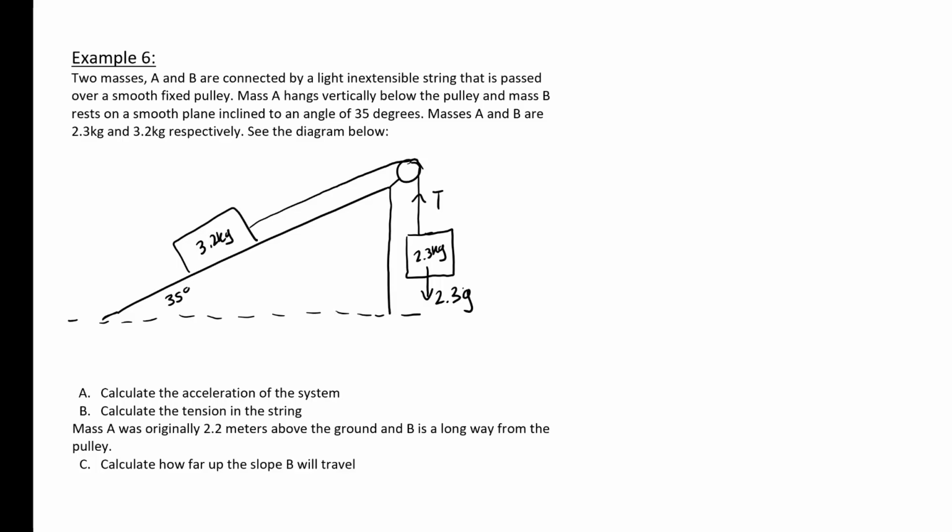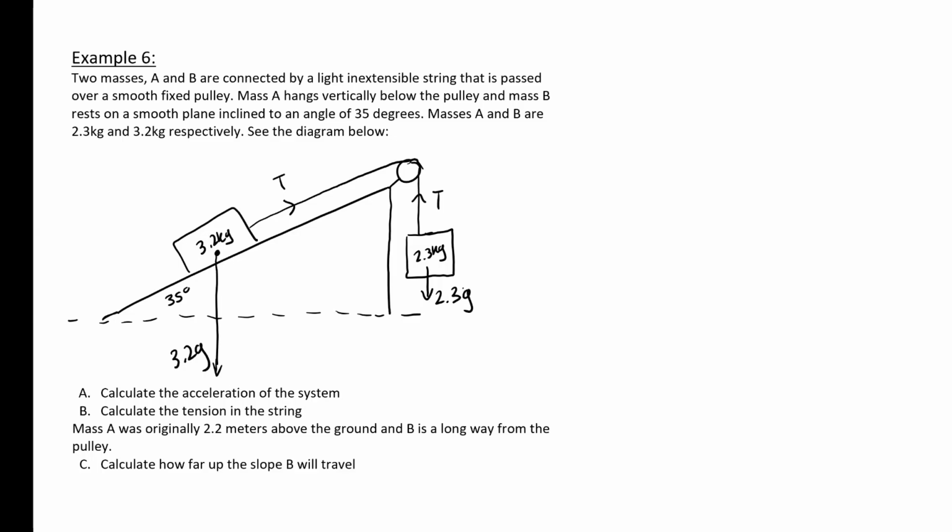Tension always acts away from the object it's connected to. And then we'll put tension onto the 3.2 kilogram mass, and then we'll put its weight on, remembering that weight always acts straight down. So that's 3.2g.